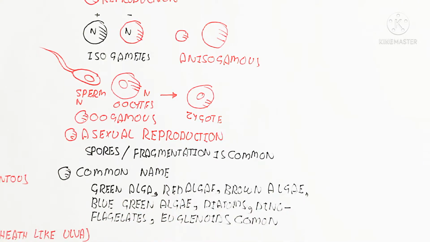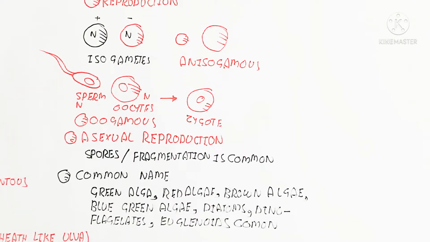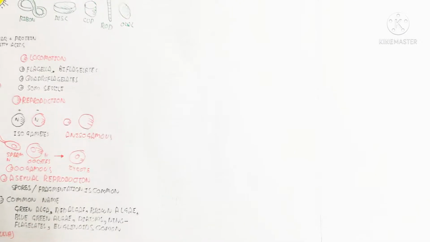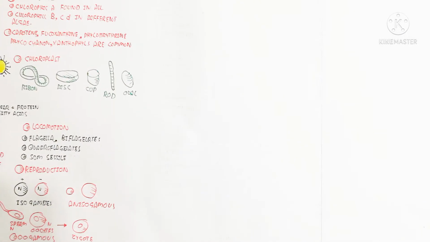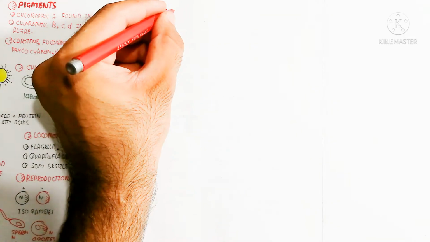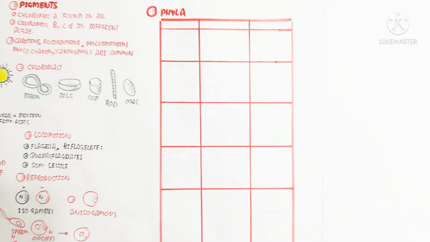So here we will discuss asexual reproduction first of all. Spores and fragmentation are common, and the common names are green algae, red algae, brown algae, blue-green algae, diatoms, dinoflagellates, and euglenoids.